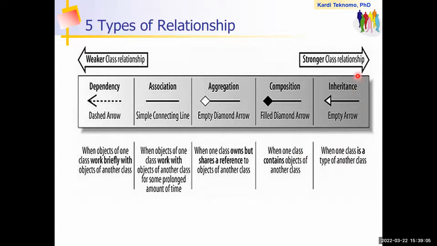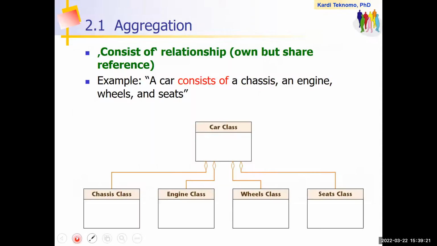And the last one is inheritance, meaning when one class is a type of another class. Now this is the strongest relationship, and dependency is the lowest, the weakest relationship. Let's discuss one by one so that you can see more detail.